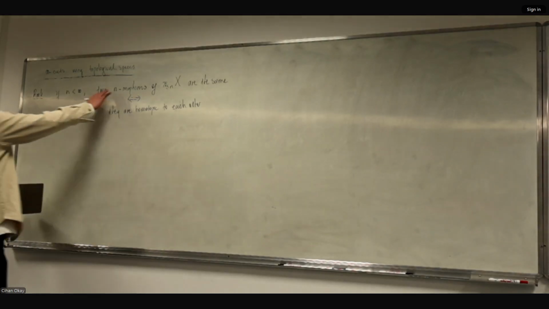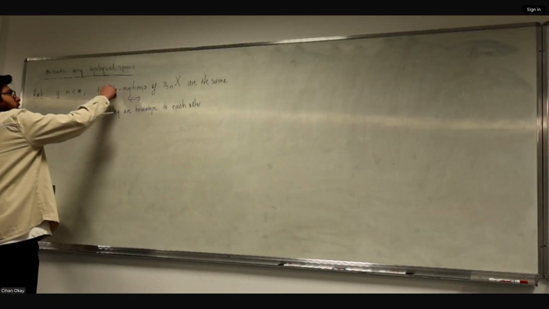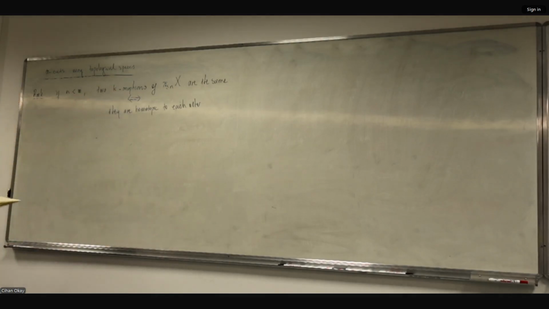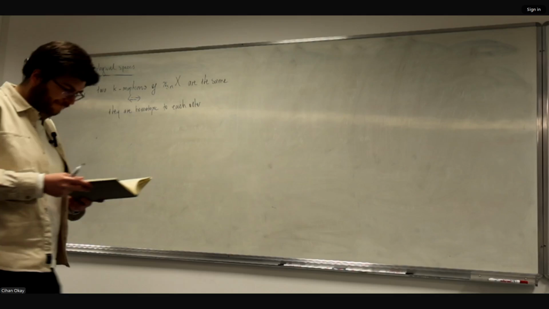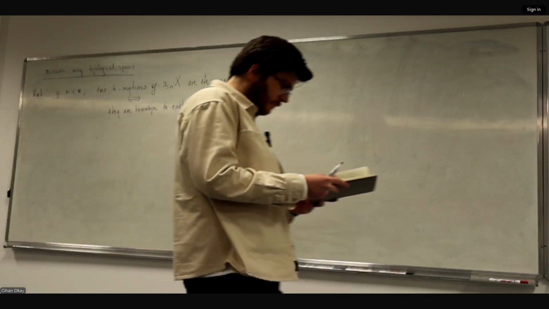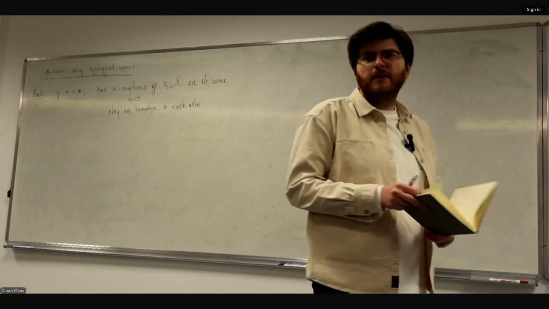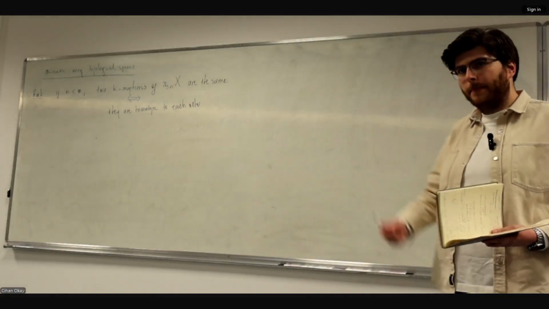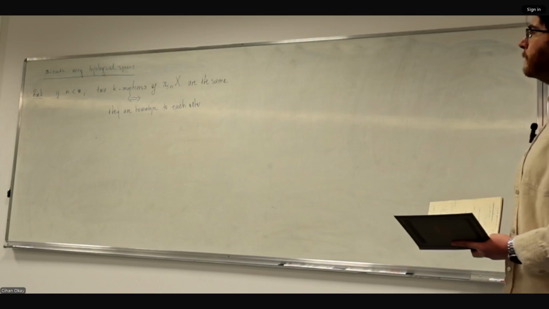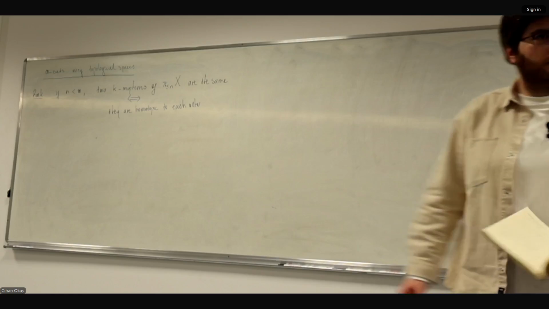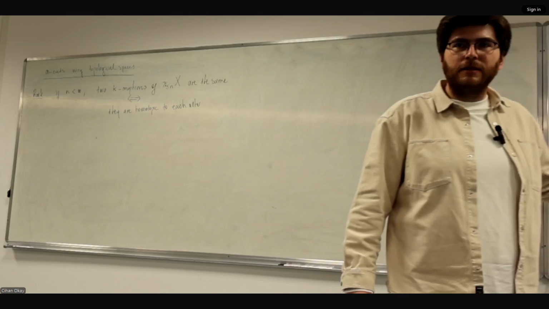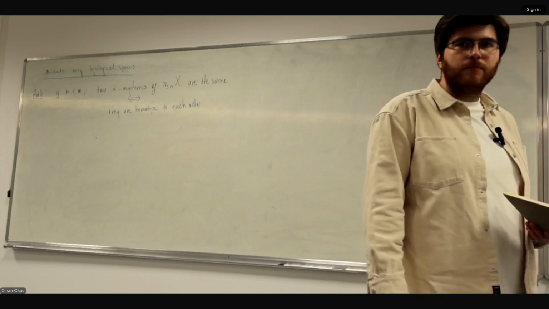Something like this, k less than n. You're right. So the homotopy here are taking equivalence classes, right? So this is still the same example.